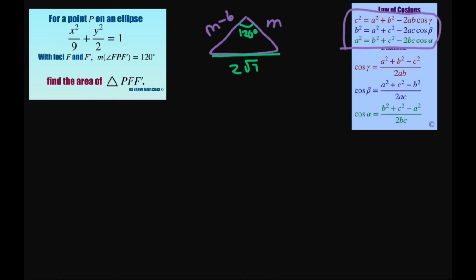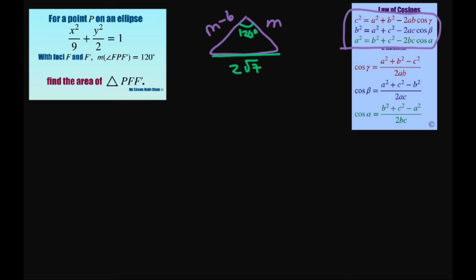All right. So here's your law of cosines, and we're using one of these forms here. We're going to take our long length. Remember, we had this triangle here. This is the angle 120 degrees, and this is your length of 2 square root of 7.